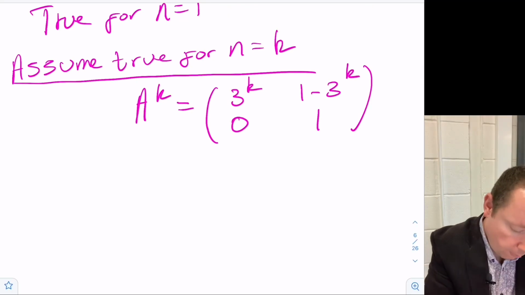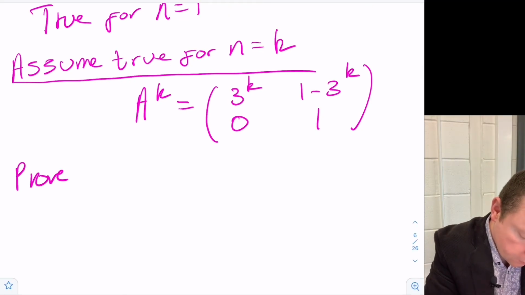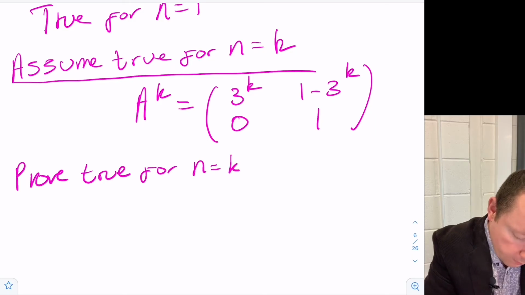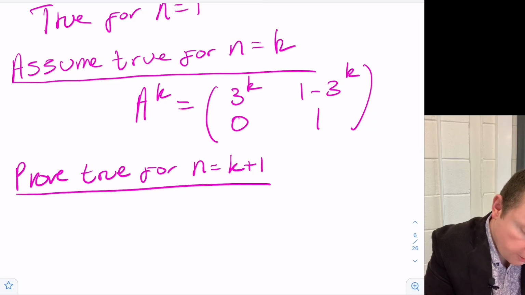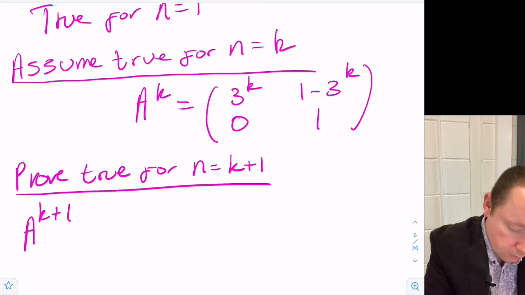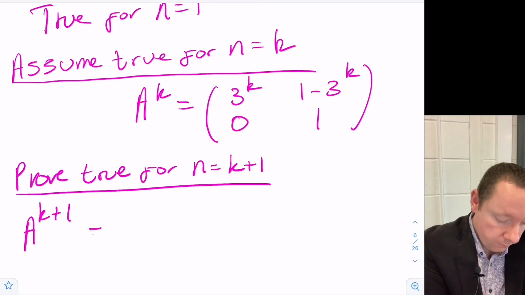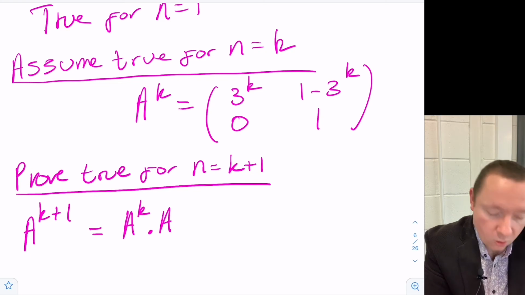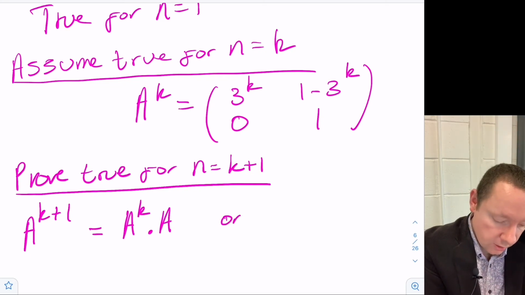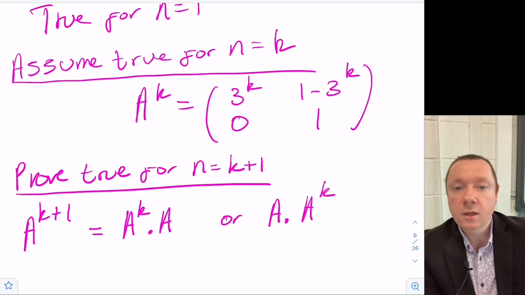So when n equals k plus 1, A to the k plus 1, well that would equal A to the power of k times A, or since we're dealing with matrices, A times A to the k. And we'll just prove one of these.